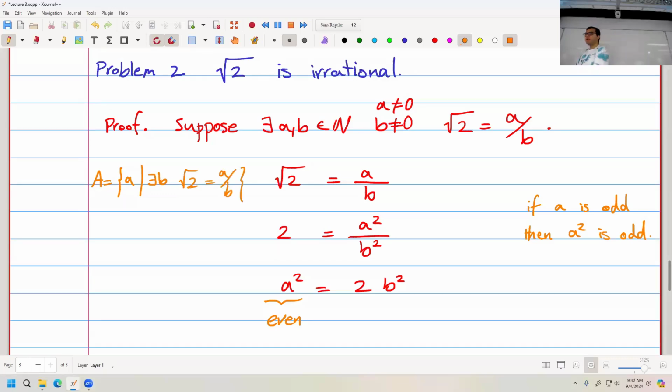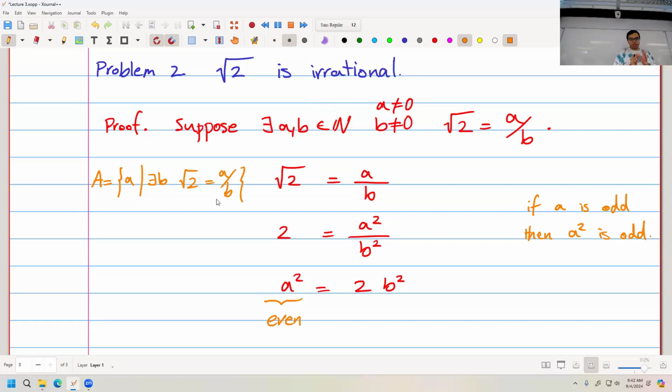Okay. I want to prove that this set is empty, because basically I want to prove that it's impossible to write square root of 2 as A over B, where A and B are natural numbers. Now, again, I do proof by contradiction. I say, suppose this set is not empty.